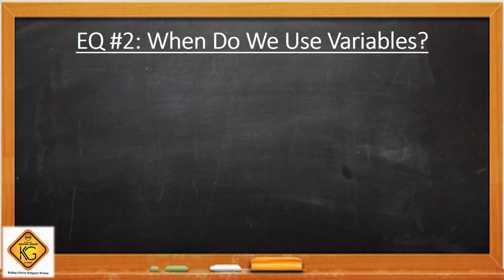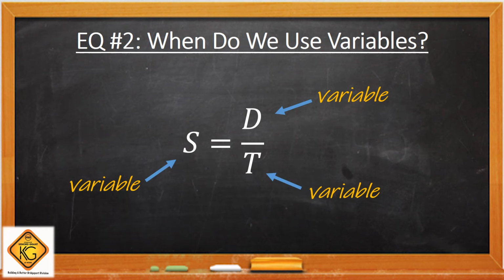We also use variables in general formulae. For example, a basic formula many persons know is speed equals distance divided by time, or S equals D divided by T. Each of those letters are variables, and they each represent a number.